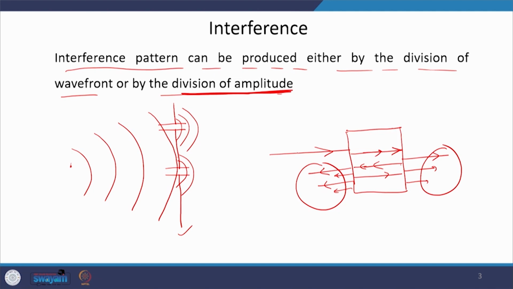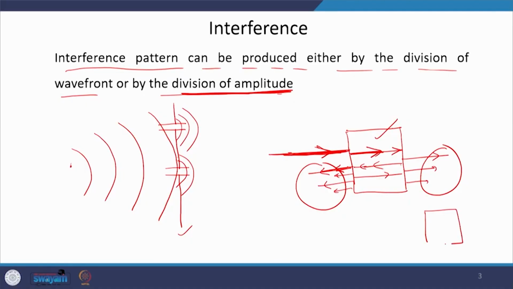Here you can see that a particular amplitude is being launched and this amplitude is being split. A part is getting transmitted and a part is getting reflected. It means the reflected and transmitted magnitudes sum up to give the incident magnitude, provided the film is lossless.